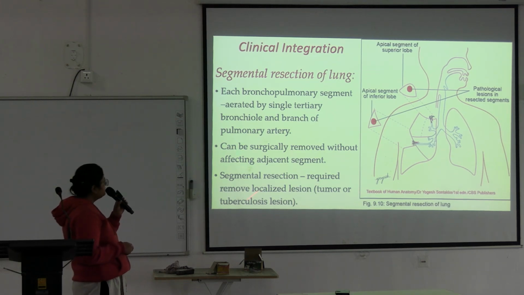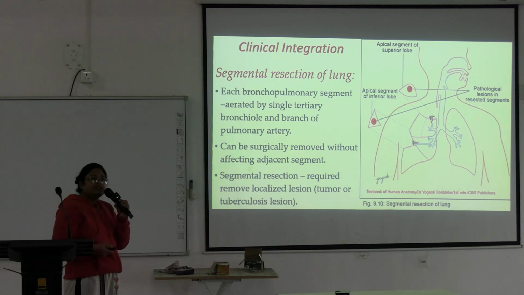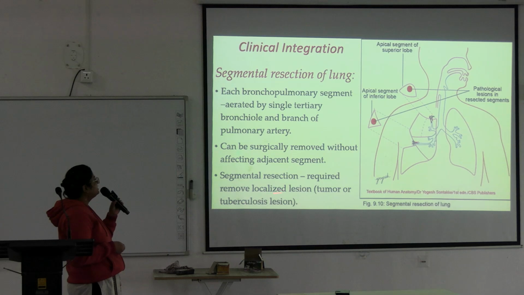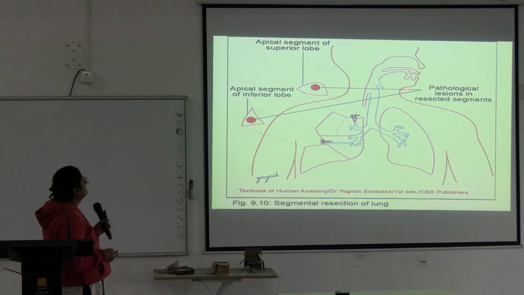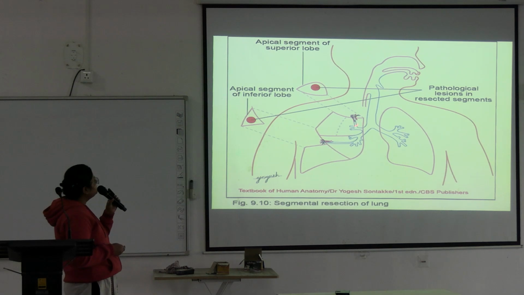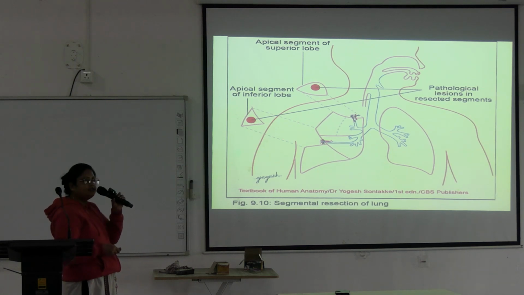Tuberculosis is more common in lung, and in case of tumor of lung or any cancer, segmental resection is done. Here the apical segment of the superior lobe and apical segment of the inferior lobe have been shown, with pathological lesions in the resected segment.